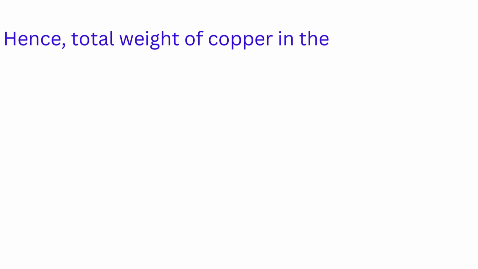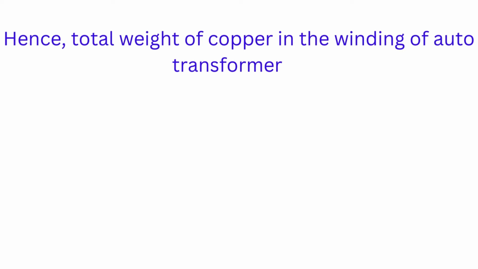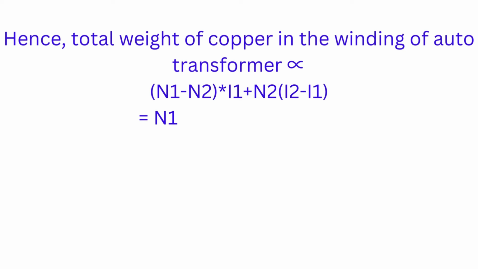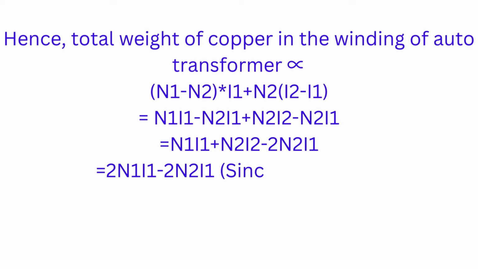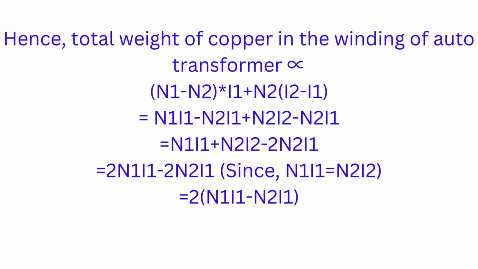Hence, the total weight of copper in the winding of the autotransformer is proportional to (N1 minus N2) into I1 plus N2 into (I2 minus I1), equal to N1 I1 minus N2 I1 plus N2 I2 minus N2 I1, equal to N1 I1 plus N2 I2 minus 2 N2 I1, equal to 2 N1 I1 minus 2 N2 I1, since N1 I1 equal to N2 I2.